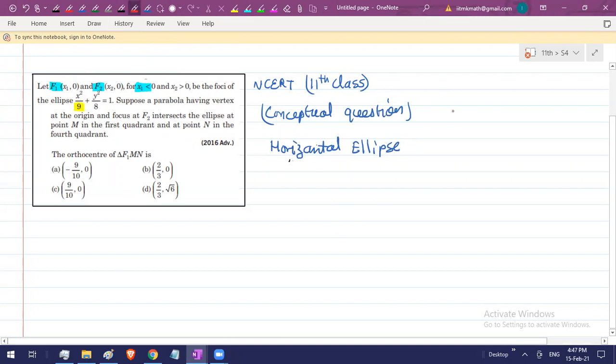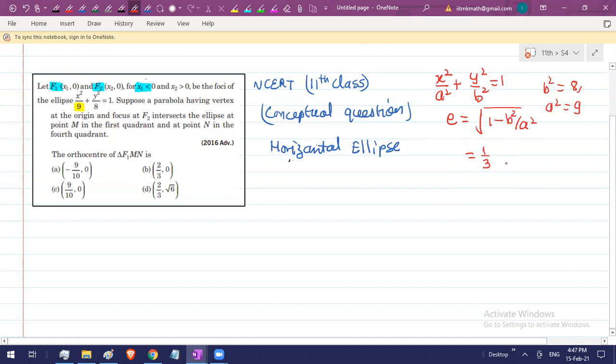First of all, you calculate the eccentricity. If you remember, eccentricity in the standard equation of a horizontal ellipse is under root 1 minus b square by a square, and here b square is 8 and a square is 9. So after calculation you will get e is equal to 1 by 3.